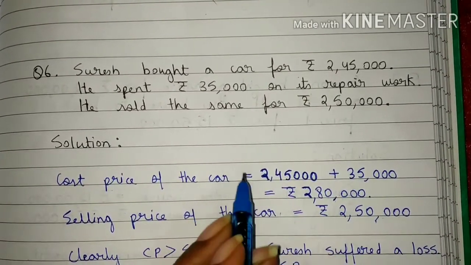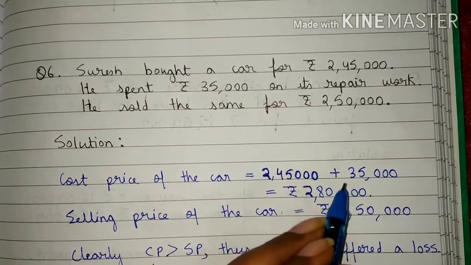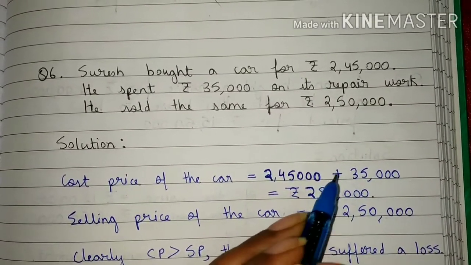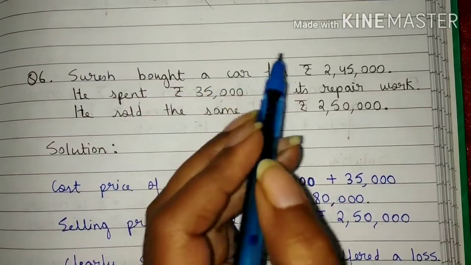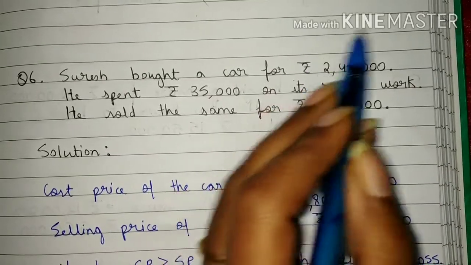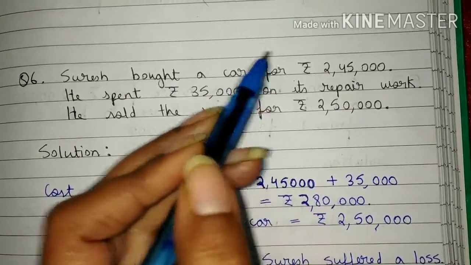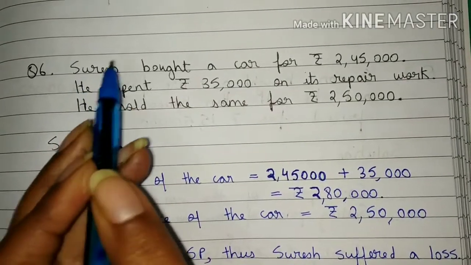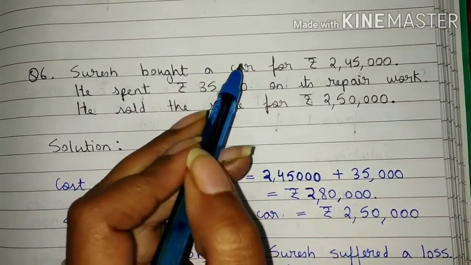Students, why are we adding 2,45,000 plus 35,000? Because Suresh firstly spent rupees 2,45,000 for purchasing the car and again he spent rupees 35,000 for repairing the car.